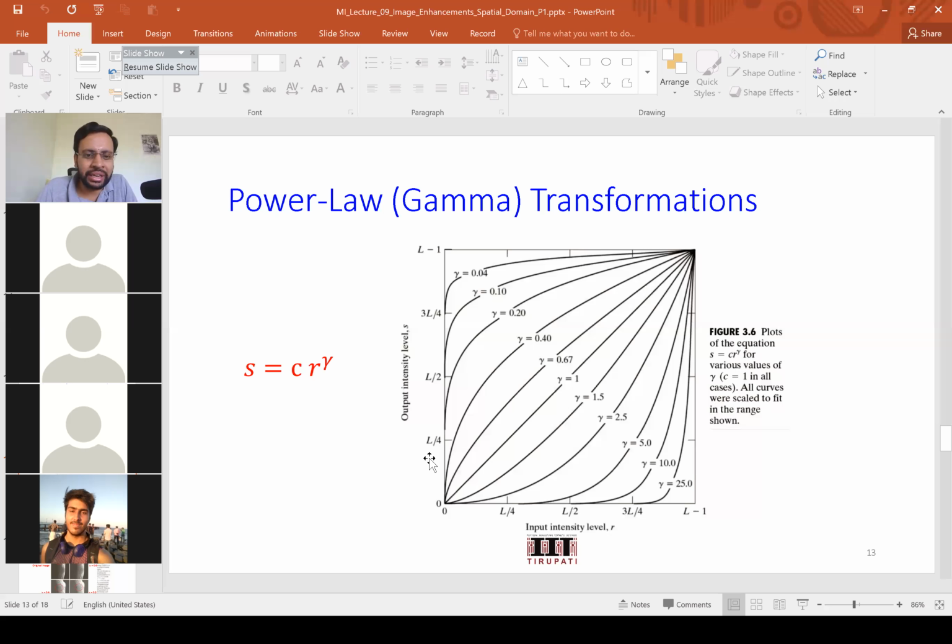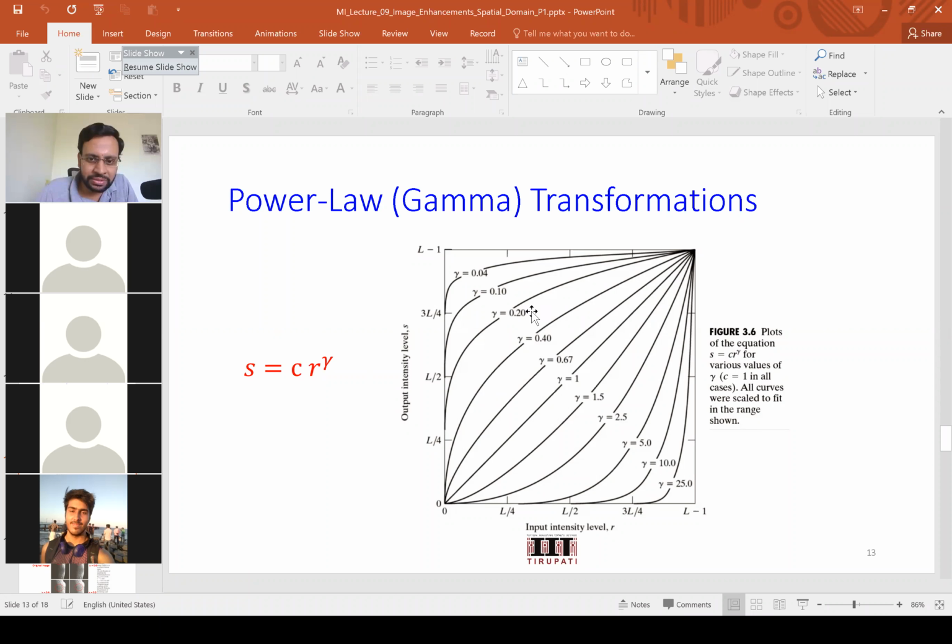On the contrary, when I take r to the power of gamma, by varying gamma I get different curves, I can see visually, and go ahead with the value of gamma that fits my need. With the logarithmic transform, I don't have that freedom.